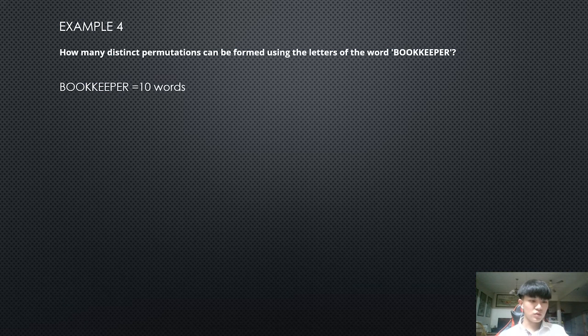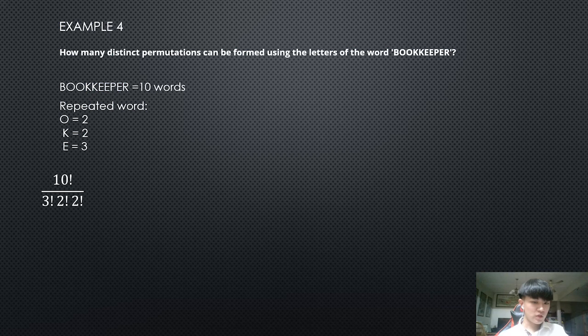So it will be 10 factorial on the top of the fraction, and on the bottom we divide by the letters that repeat. There are three letters that repeat: O has 2, K has 2, and E has 3. So there will be 10 factorial divided by 3 factorial, 2 factorial, and 2 factorial.